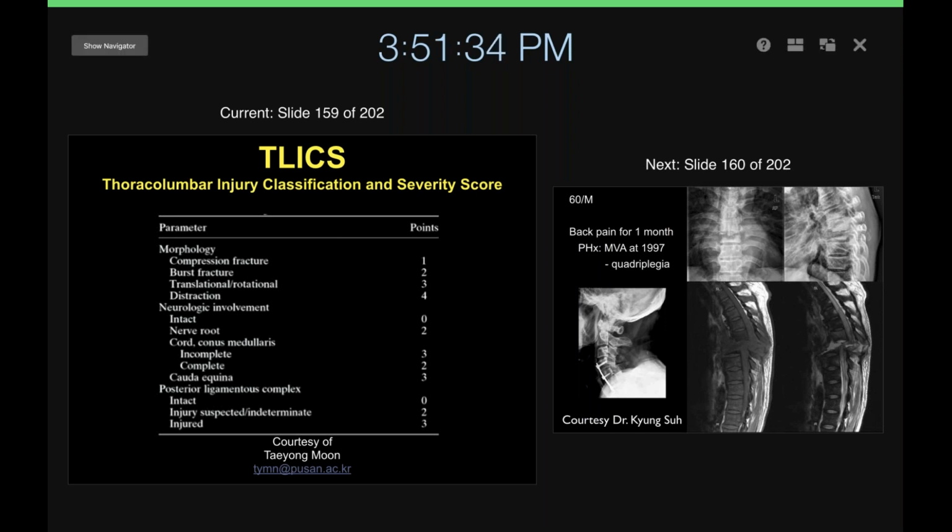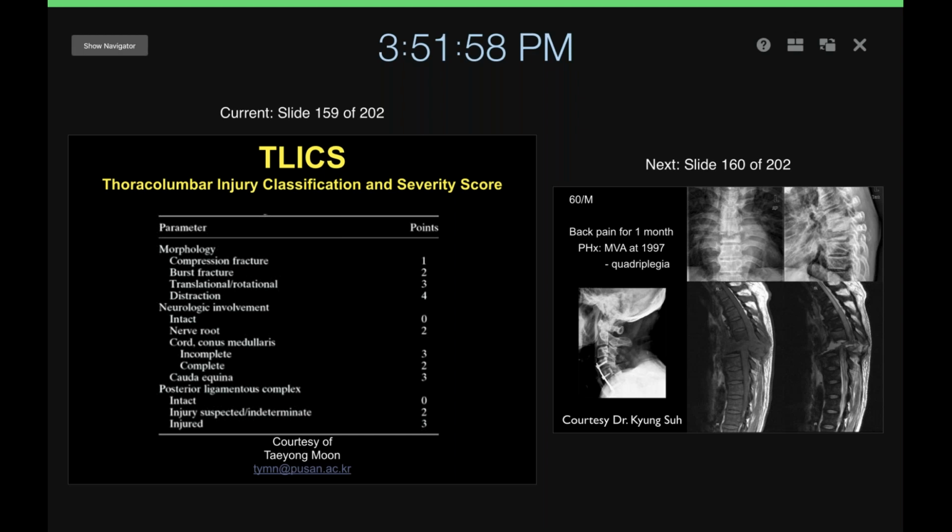This is one classification scheme where you describe the morphology. Compression fractures tend to be relatively stable, burst fractures a little bit less stable, translational rotation and distraction injuries are the most unstable. Then whether they're neurologically intact or not, and what the cord looks like, is very important.